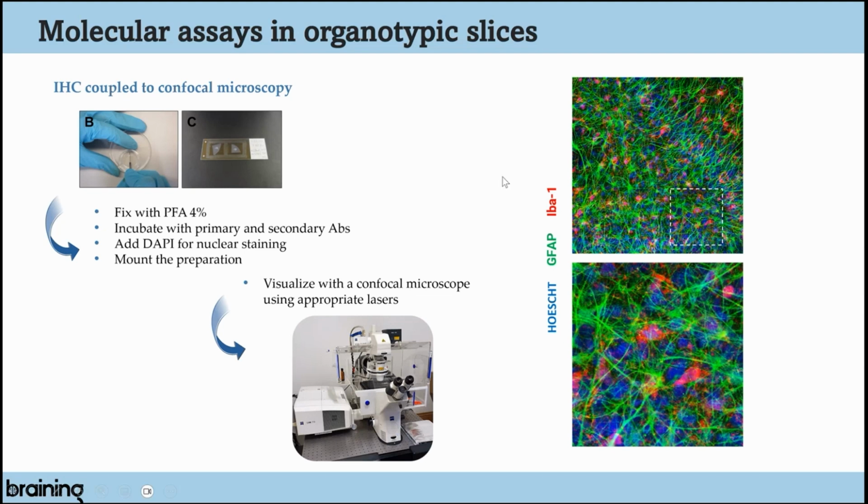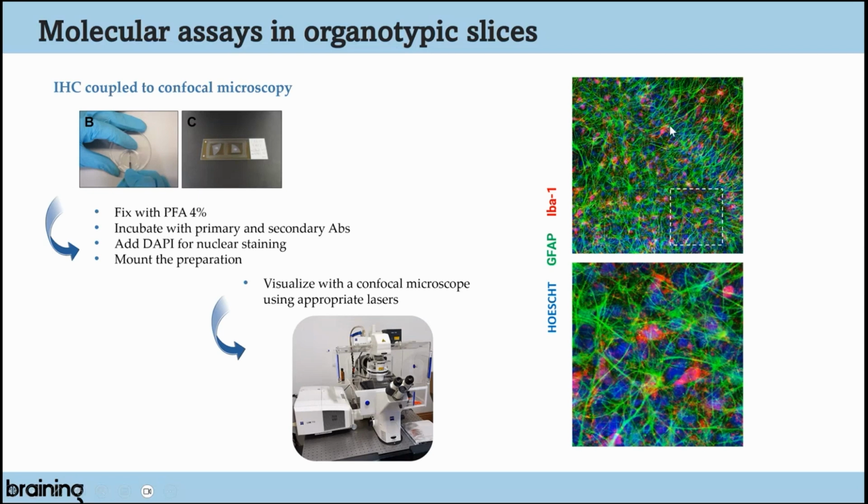So with immunohistochemistry in organotypic slices, you can use a combination of a lot of antibodies to address neurons. In this case, I've put here an example of confocal images where you can see GFAP in green and Iba1 in red. So you have the astrocytes. You can see here, this is the dentate gyrus of an organotypic slice that is stained.